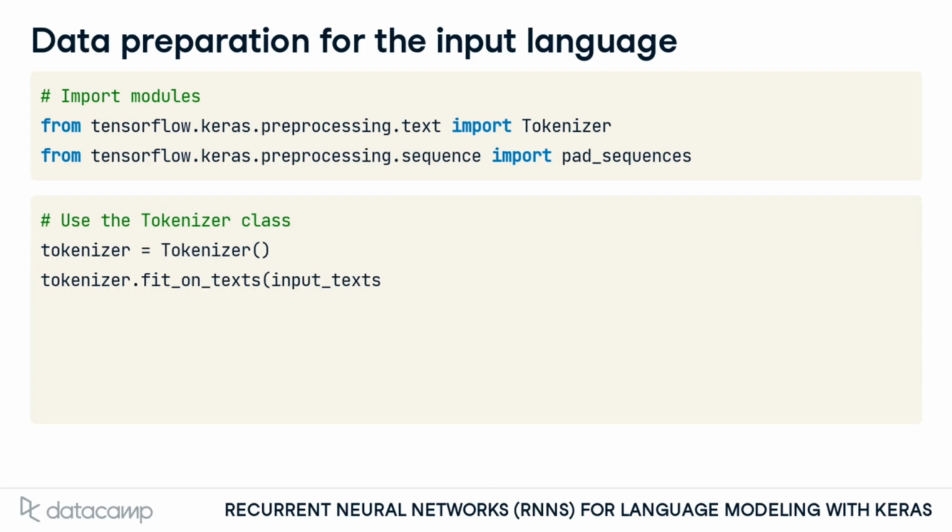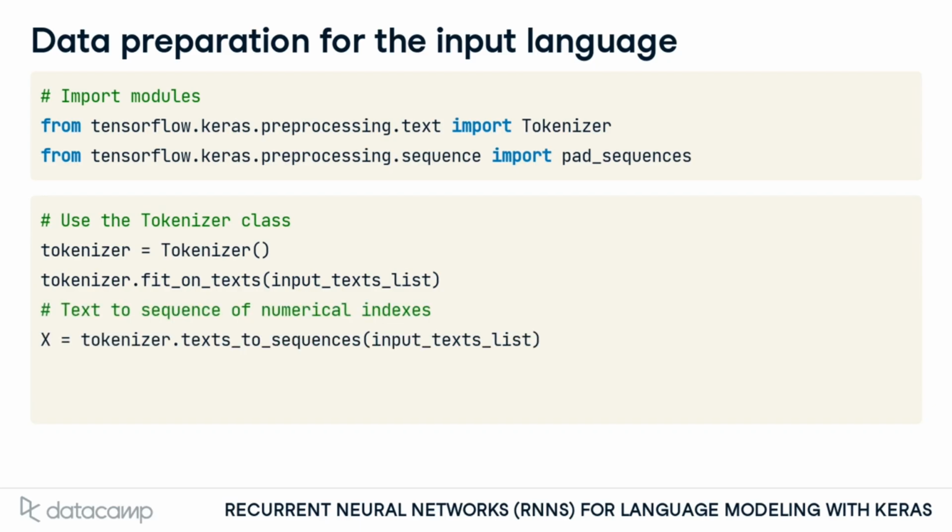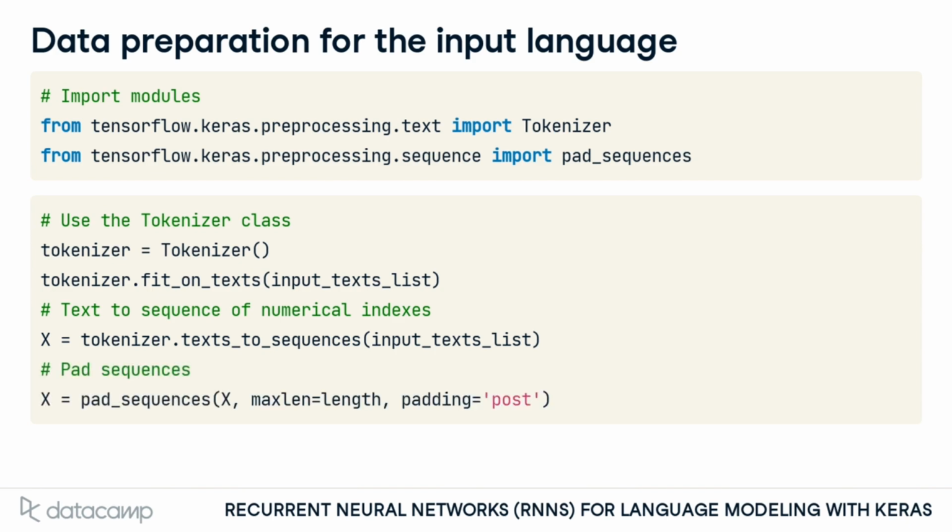Then we instantiate the tokenizer and fit the object on the input texts, which are a list-like object containing the sentences in the input language. Then we transform the input sentences into sequences of numerical indexes by using the method texts_to_sequences of the tokenizer. Finally, we pad the text by inserting 0 tokens to the right.